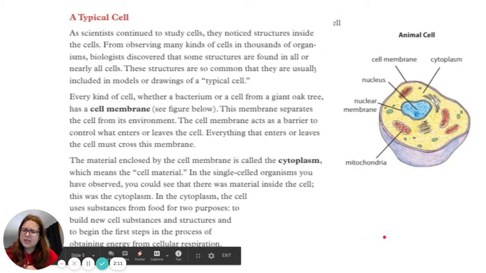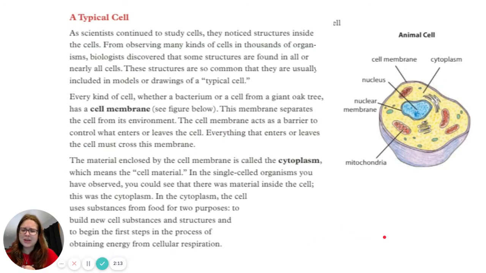I am going to read a portion from the book today throughout this lesson because I'm not an expert on cells, and I think that the textbook does a nice job of presenting some information to us. Okay, here we go. A typical cell. As scientists continue to study cells, they notice structures inside the cells.